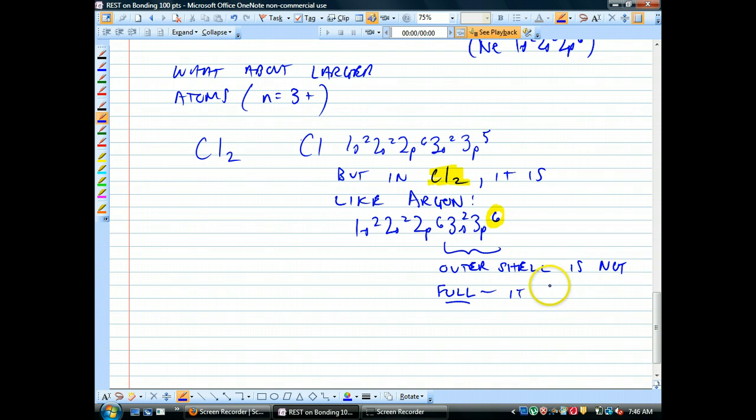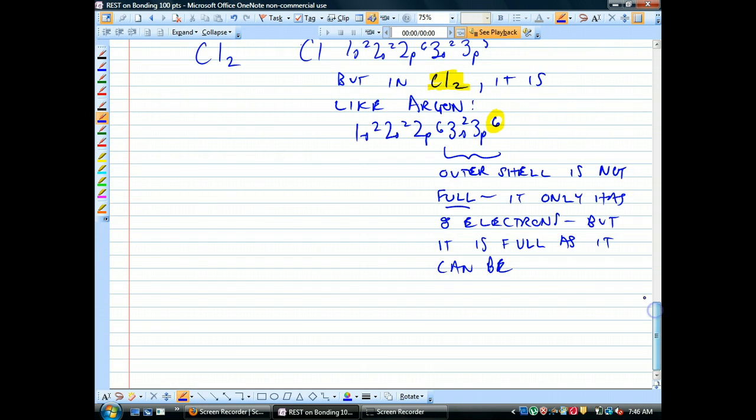In fact, it only has 8 electrons in this case. But it's as full as it's going to be, while it's still the outermost level. It's as full as it can be while still being the outermost level.